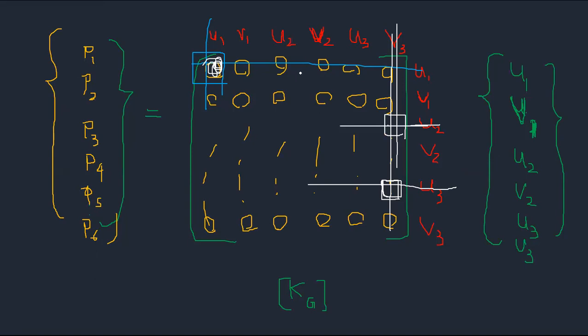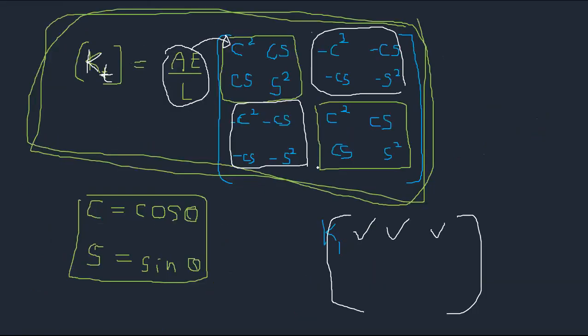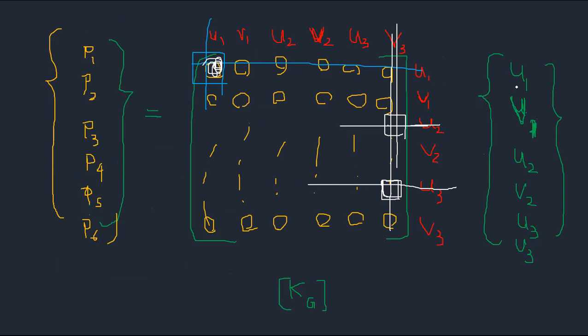So now we need to add the boundary condition. We know the first node and the third node are pin supports. That means displacements are 0, right? So U1, V1 becomes 0, and U3, V3 becomes 0.